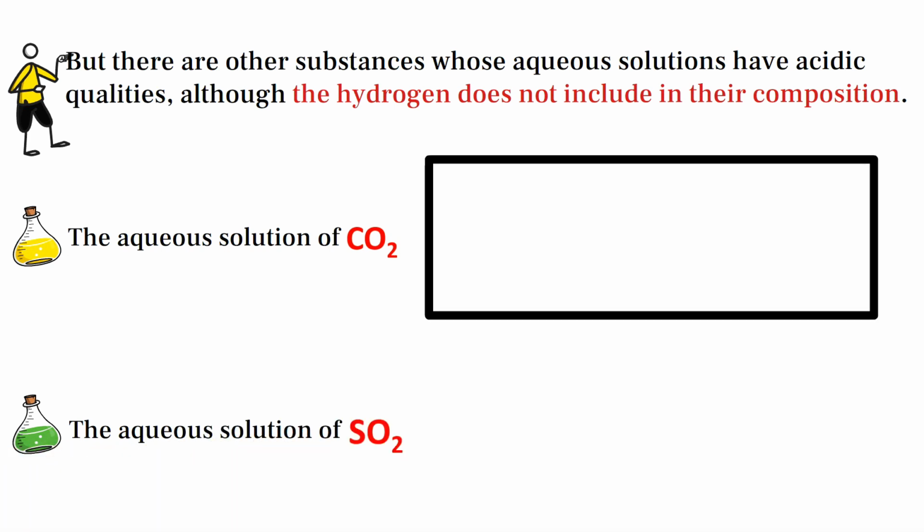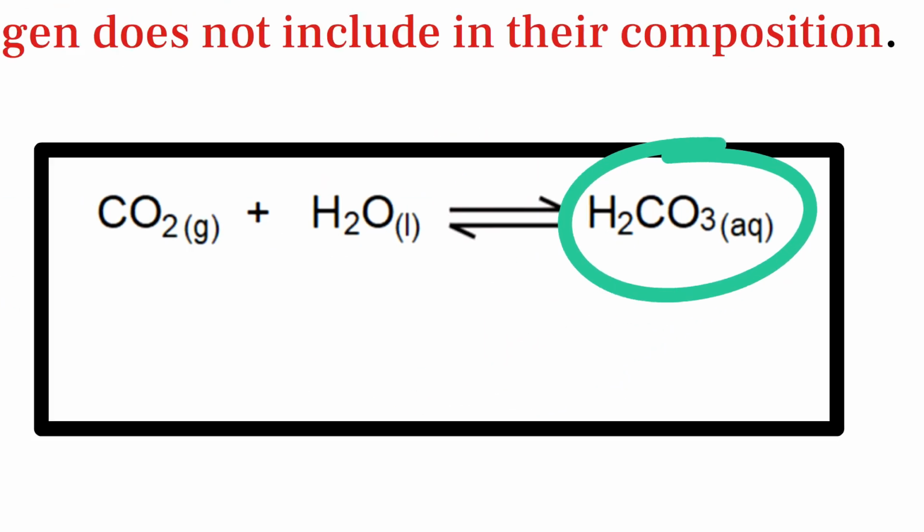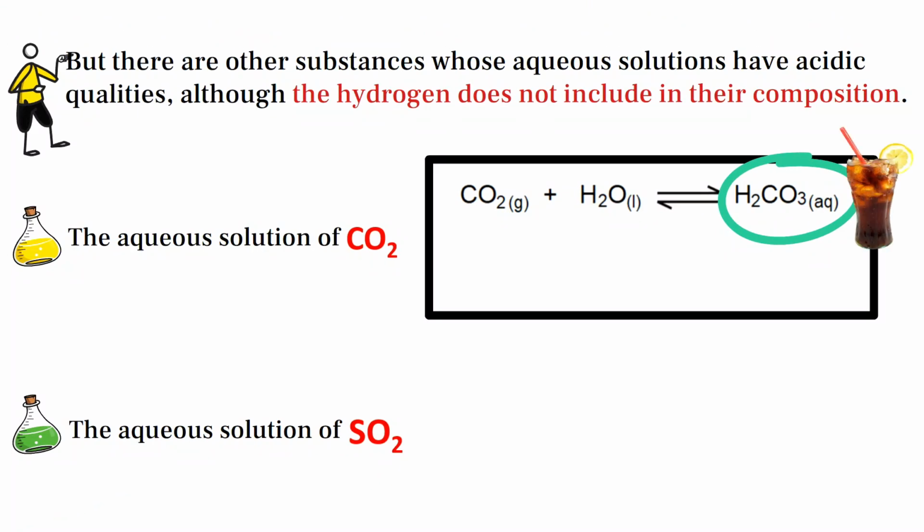Since CO2 gas reacts with water to produce carbonic acid, this acid is present in carbonated drinks, as mentioned at the beginning. And this acid partially ionizes in water, producing H+ ions and HCO3- ions, as we see.